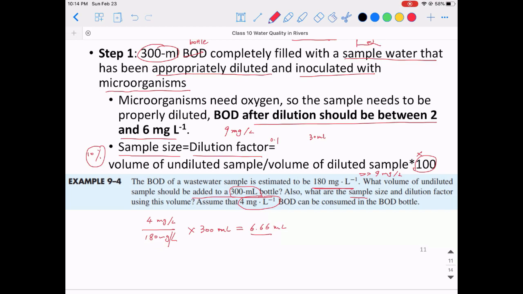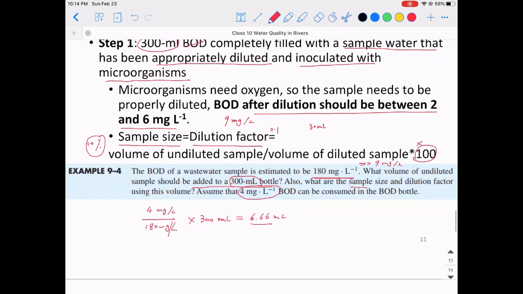milliliter. Okay, during our experiments, it is very difficult for us to control this sample volume to be 6.66, right? We have to be very accurate to do that, and it's also very difficult to extract exactly this amount.